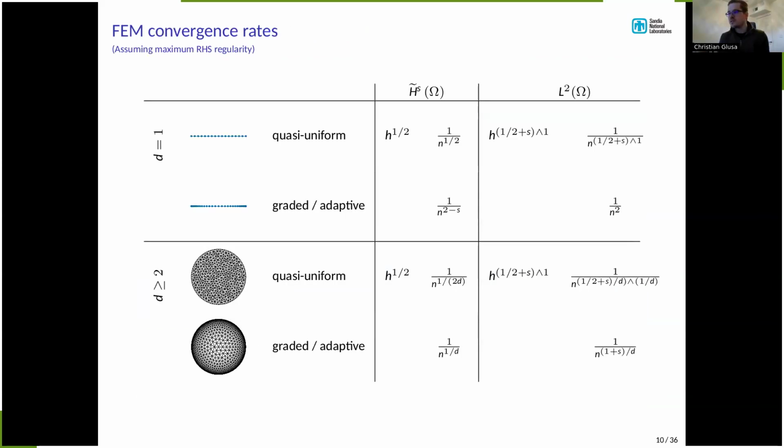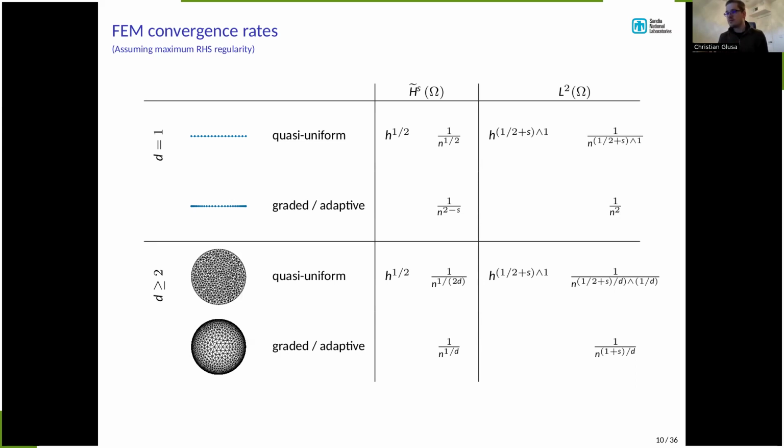All right, so this is my summary slide of what we expect in terms of rates of convergence. We have to distinguish between the two cases of whether we're in dimension one, so essentially on an interval, or in higher dimensions, and whether we are using a quasi-uniform or uniform mesh, or whether we are using graded or adaptively constructed meshes.